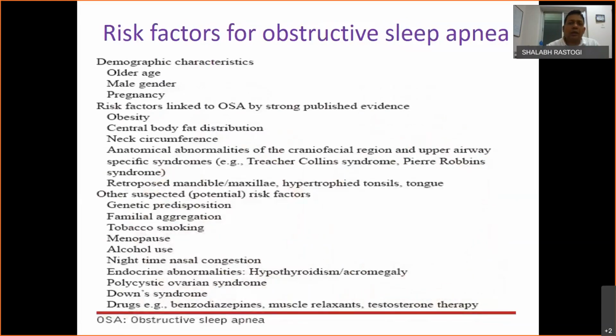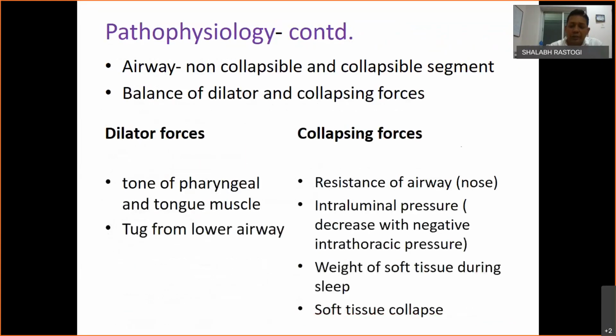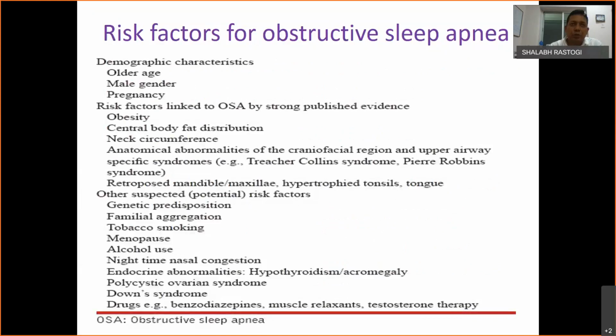So who all have a tendency to have obstructive sleep apnea? What are the risk factors? Among the risk factors, the known ones are older age people. It's more prevalent in patients above 50. Then the male gender, in females it is more common during pregnancy. Patients who have a tendency to deposit fat in the central axis, then it is very closely related to obesity.